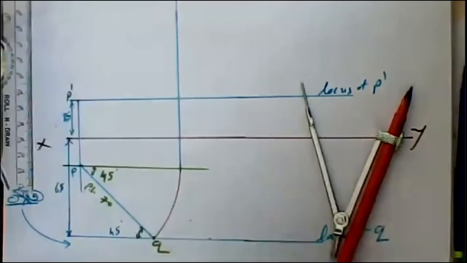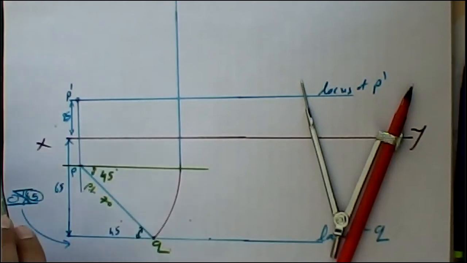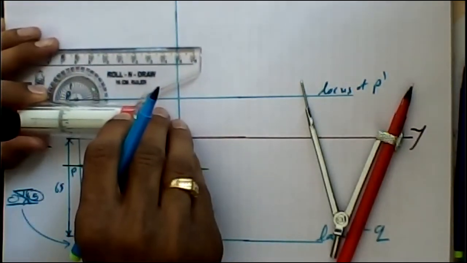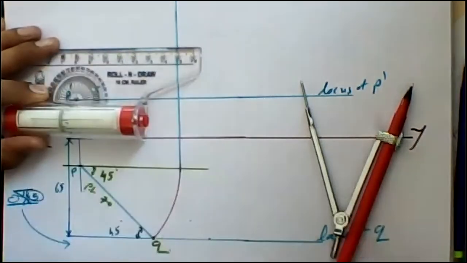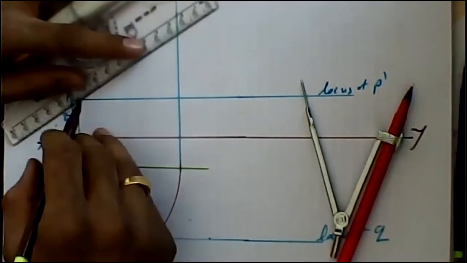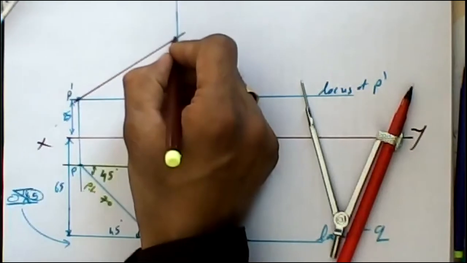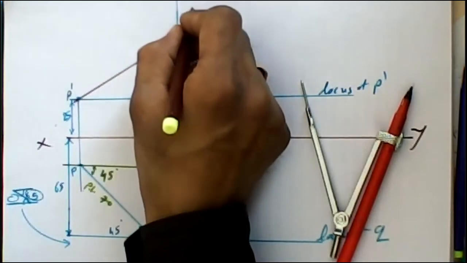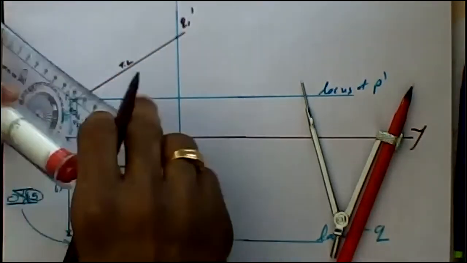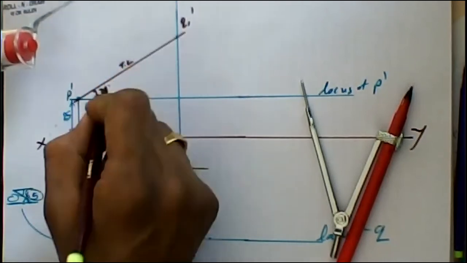Now the other data which is available is suggesting that its true length is making an angle of 30 degrees with the horizontal plane. So I'll be placing it over here, considering 30 degrees of angle, drafting a line at 30 degrees. It is going to intersect over here, which is going to be called Q1 dash. So this is the true length, and the true length angle with the horizontal plane is 30 degrees. This is available in the data.